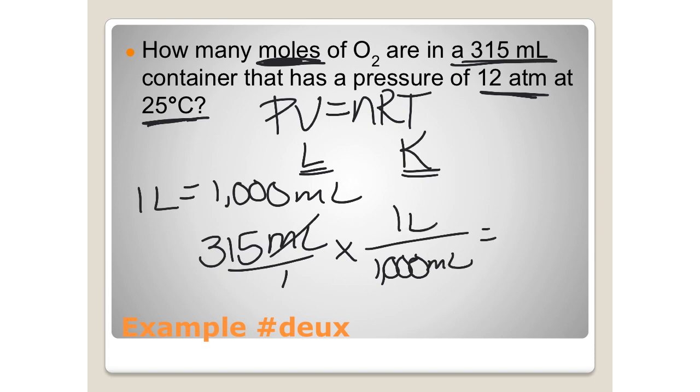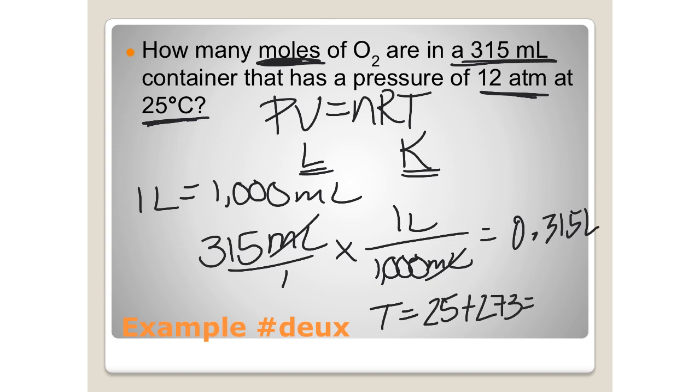And so if I plug and chug this out, it's going to be the same thing as 0.315 liters. Our temperature, we need to change it to Kelvin. And so in order to do that, you take whatever Celsius is plus 273. And so Kelvin is going to end up being 298 K.